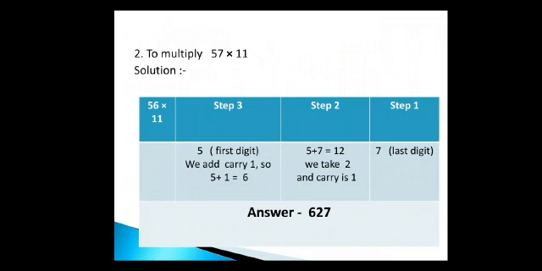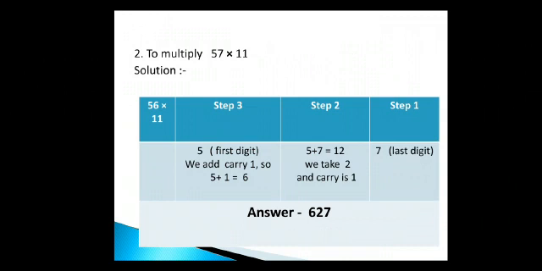Again, next example is 57 multiplied by 11. So the step 1, we will write 7 as the last digit. Step 2, we add the last and the second last number, that is 5 plus 7 is equal to 12, where we take 2 and carry is 1.